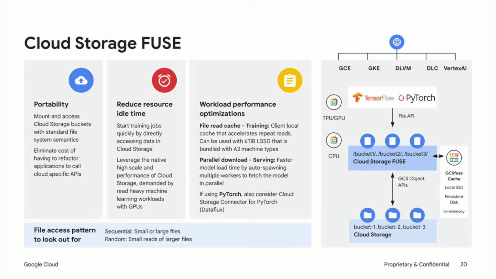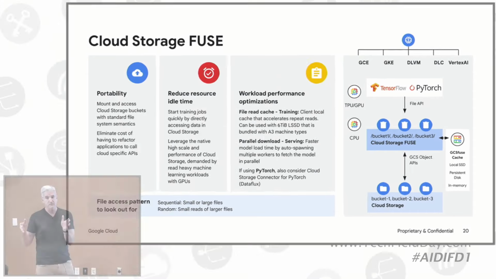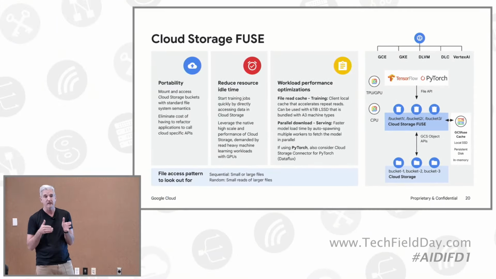We've made large investments in Cloud FUSE really over the last 2 years, but we've accelerated that with everything that's happened in the AI world. And so from a performance perspective, there are two specific things that we've done in the last year. The first is a local cache. And so now when you use GCS FUSE and you're downloading data onto, let's say, the GPU host itself, those GPU hosts often come with SSD.